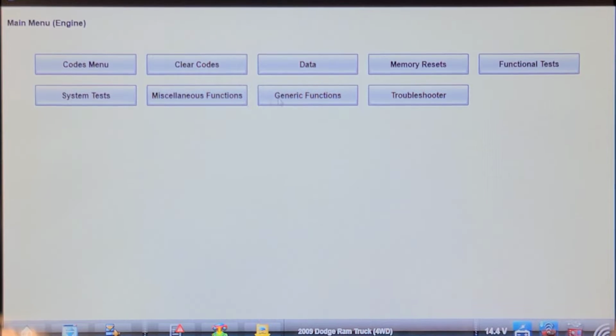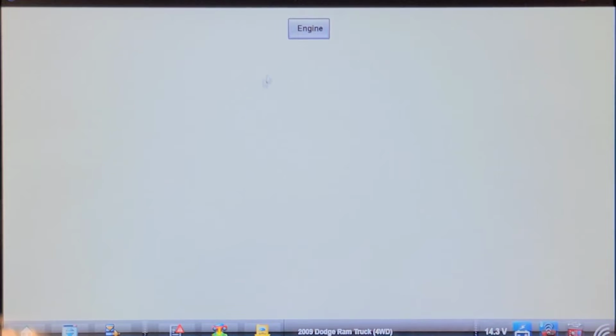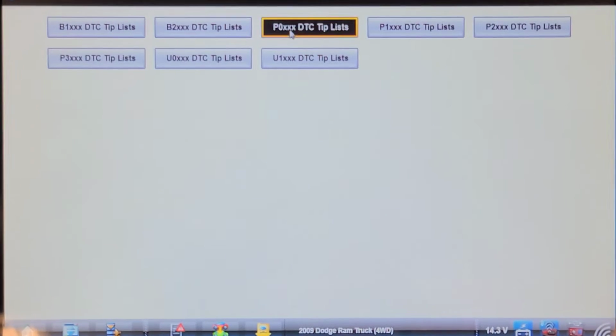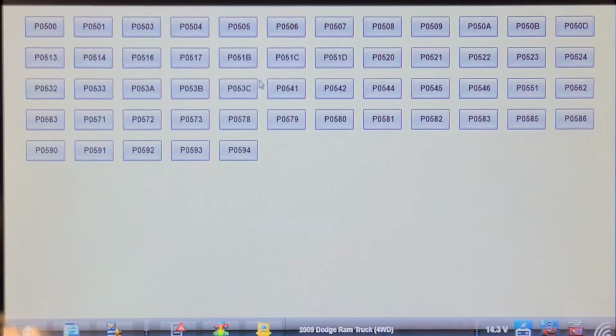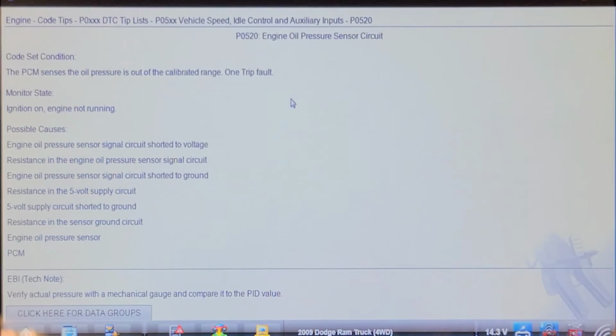let's look at the engine control computer and let's see what P0520 suggests. Engine code tips. P0520 senses oil pressure is out of the calibrated range.